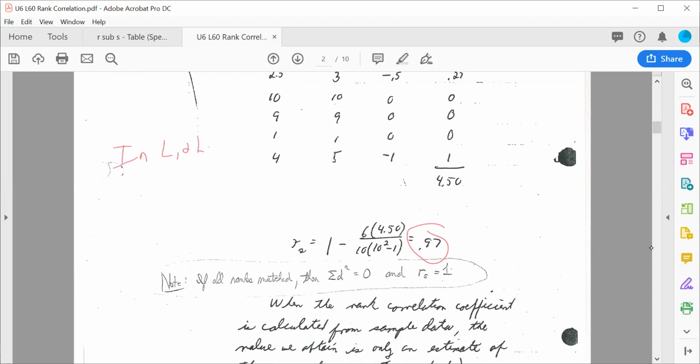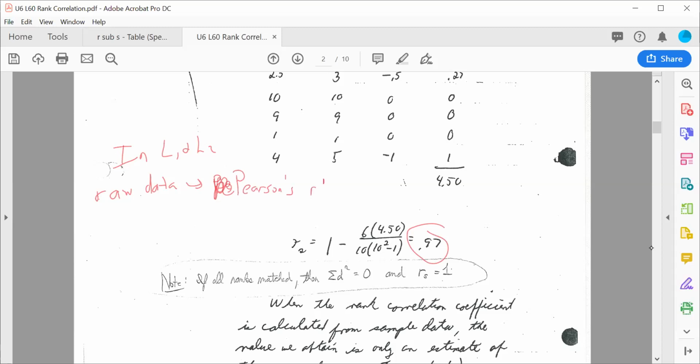So the bottom line, all right, in L1 and L2, if you put the raw data, you're going to get Pearson's R value.